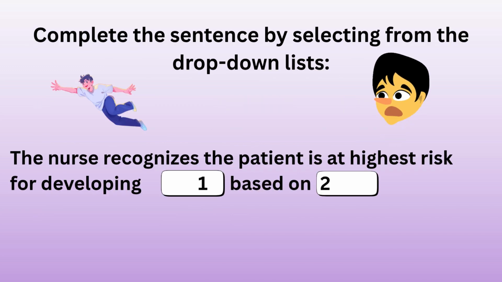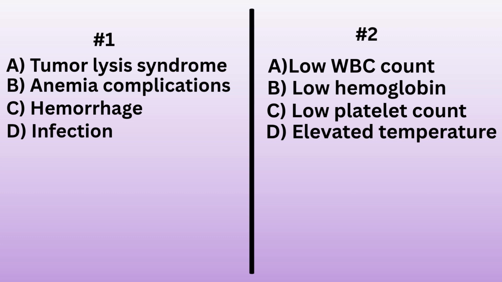So complete the sentence by selecting the drop-down list. The nurse recognizes that the patient is at greatest risk for developing blank based on blank. And here are your choices. Number 1, A, tumor lysis syndrome.